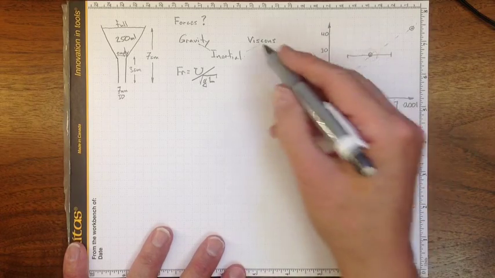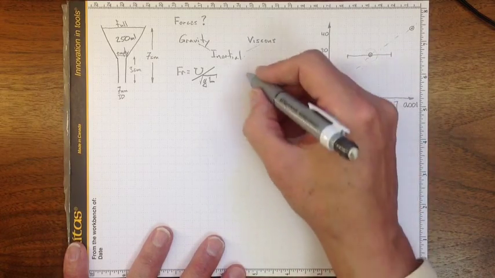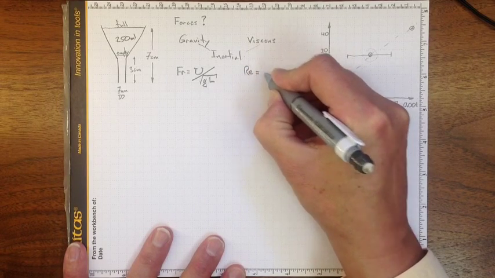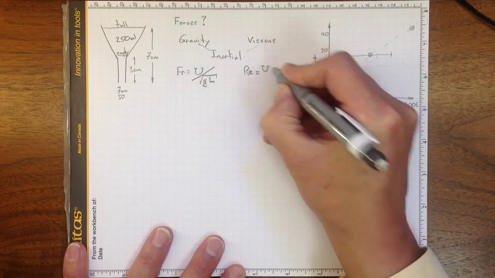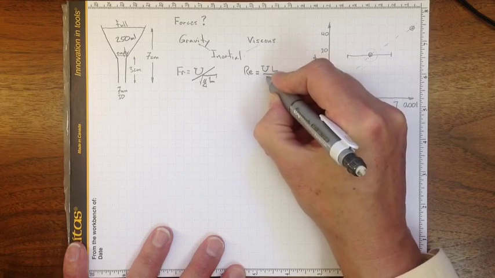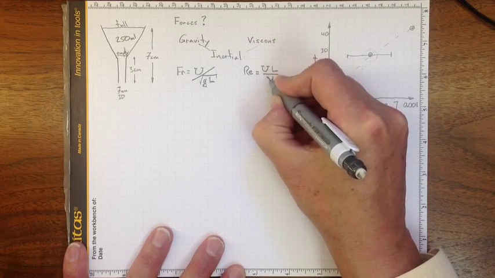Likewise, for viscous forces, we have the Reynolds number, which is equal to some characteristic velocity times some characteristic length scale divided by the kinematic viscosity.